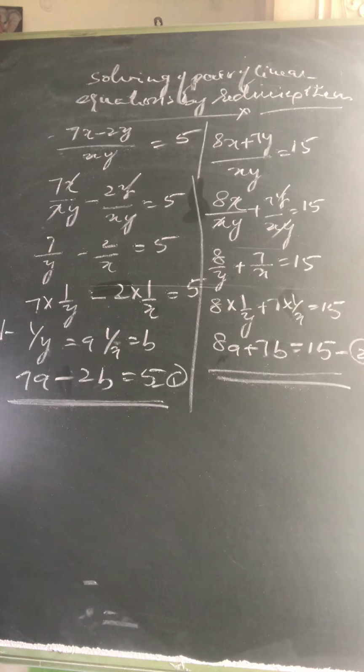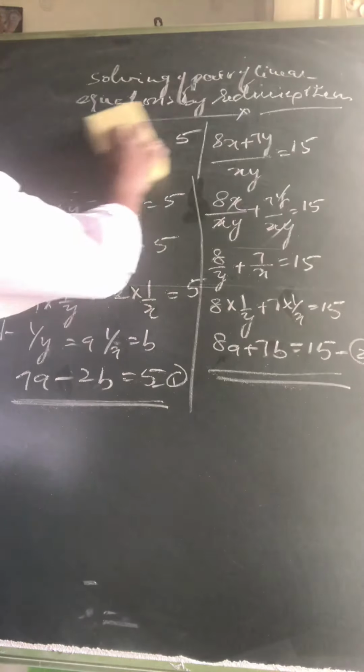Are you understood here? Now it is a big problem, on the board also a little bit. Now solve 1 and 2. We will take it in the other way.